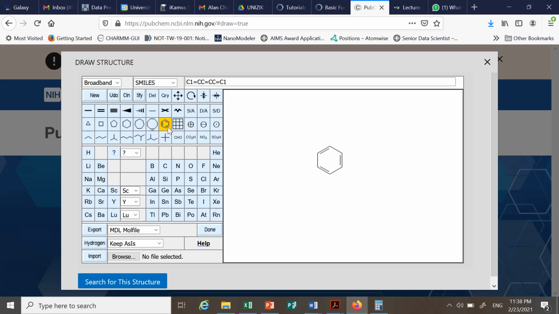I want it attached to that ring, usually on that side. Let me see, I can add a double bond here. Let me put it here. Let's see what happens.